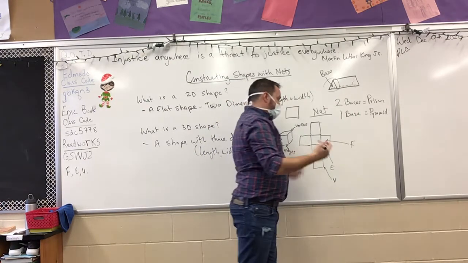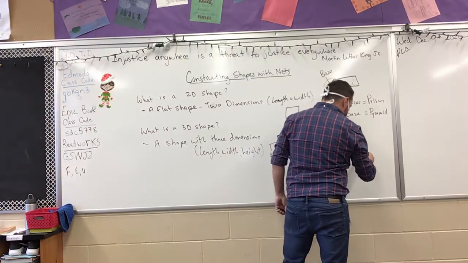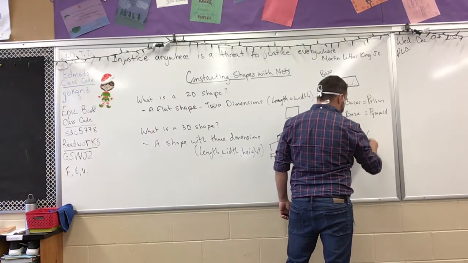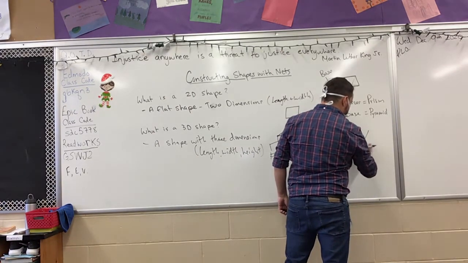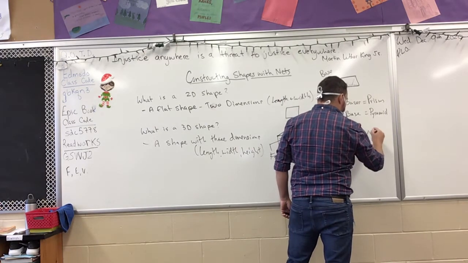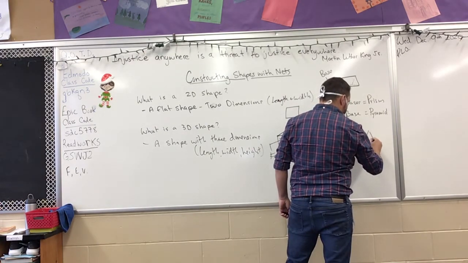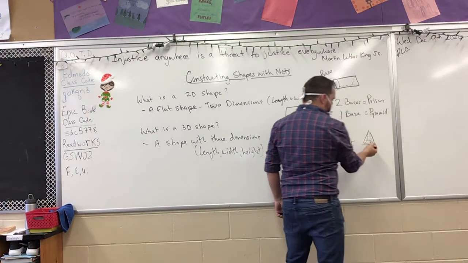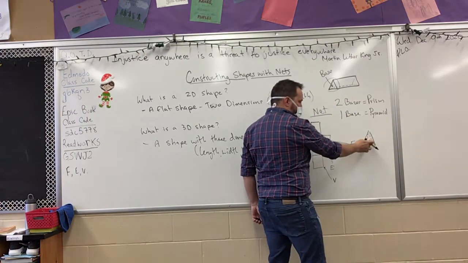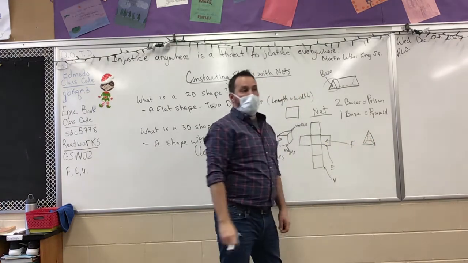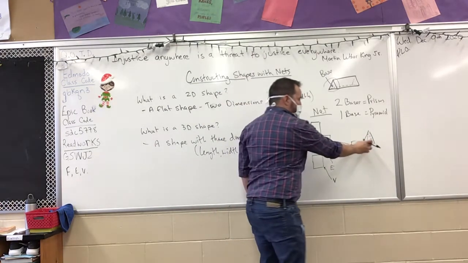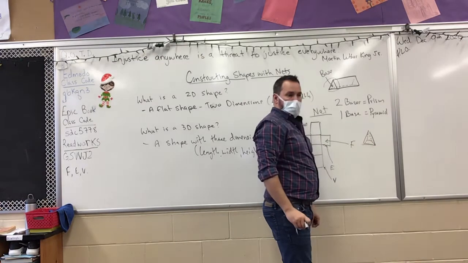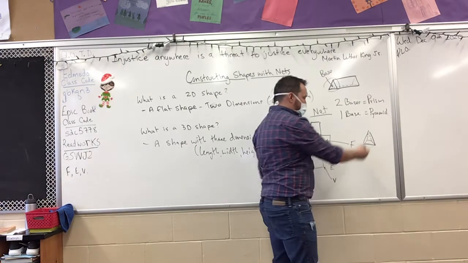Okay? If you had something like, I'm not really sure how you draw this out, but let's just try. Let's say we do something like this. So underneath, right, we have one square. And then on the back sides are different types of triangles.